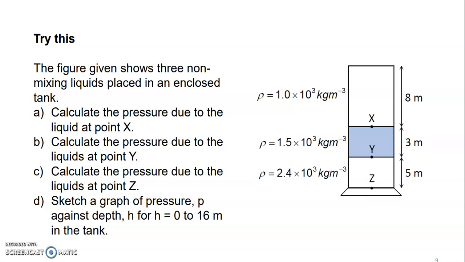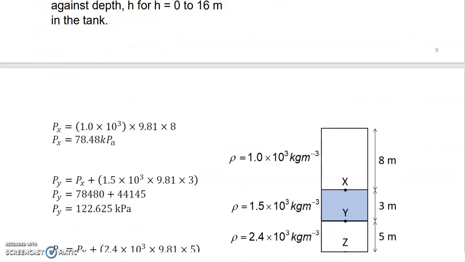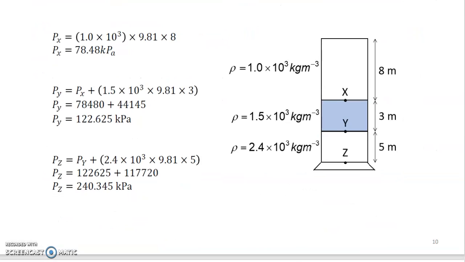So we apply the newly derived formula, which is P equals rho g h. For pressure at X, we use the density of X, the constant 9.81, and the height is 8.